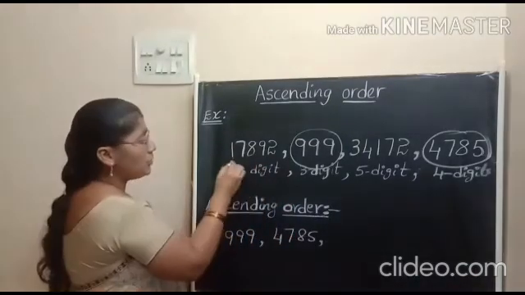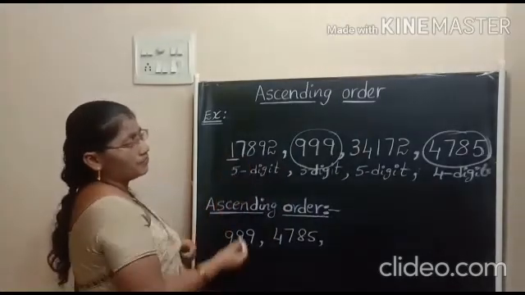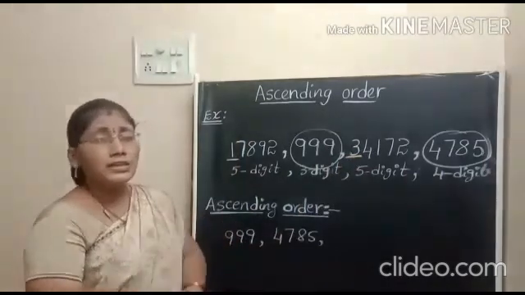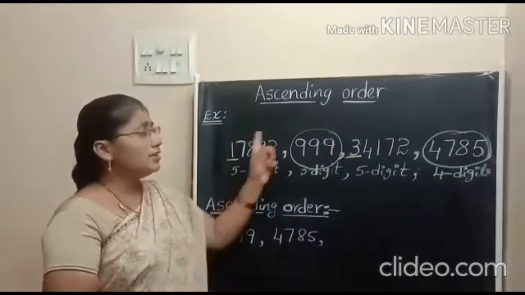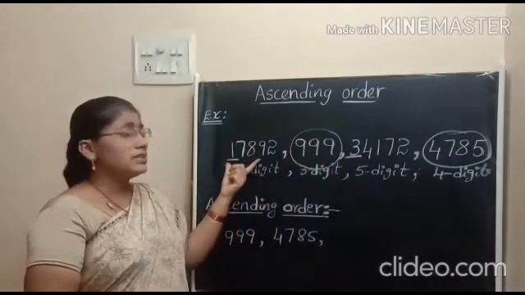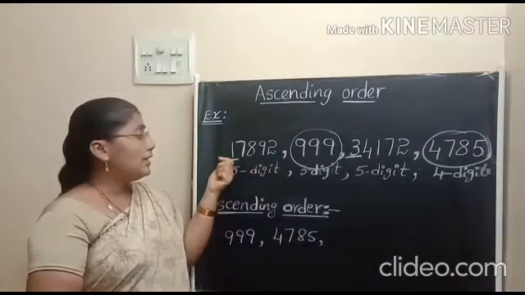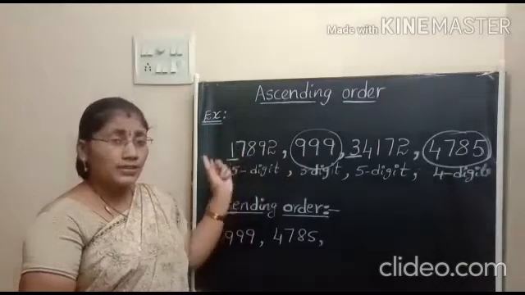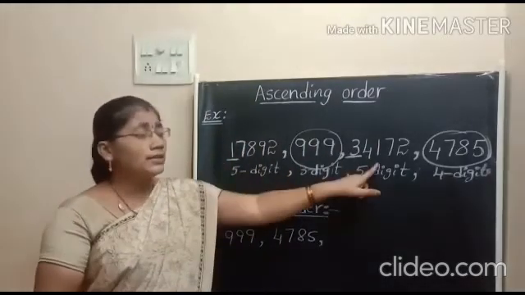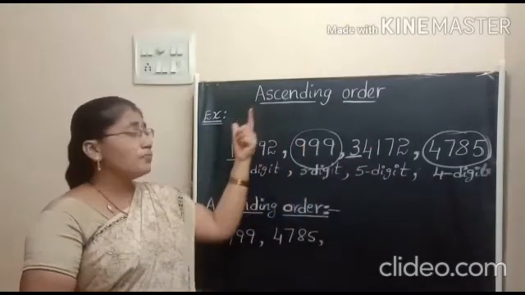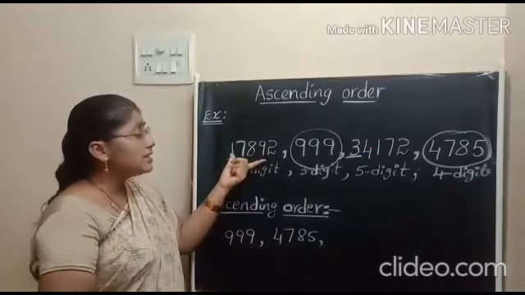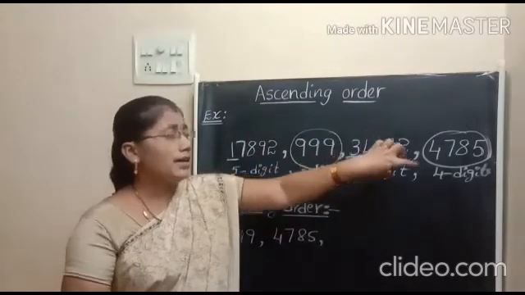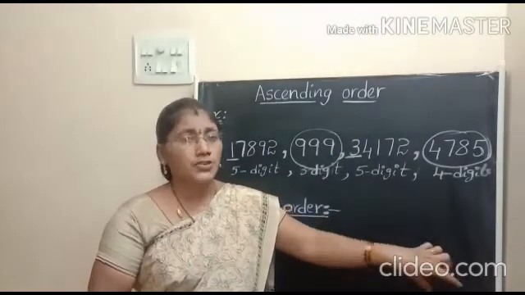What is the leftmost digit here? 1. Here 3. So which is the smaller one? This number is the smaller one because 1 is less than 3. So this 5-digit number is smaller than this 5-digit number. We have to write this number at the third position and this number at the fourth or last position.